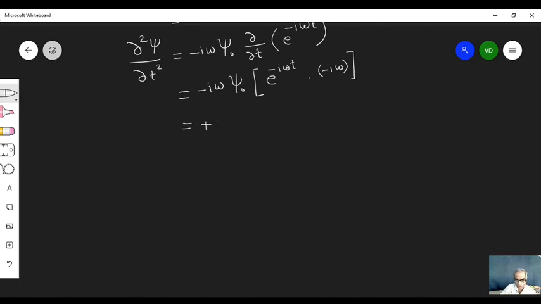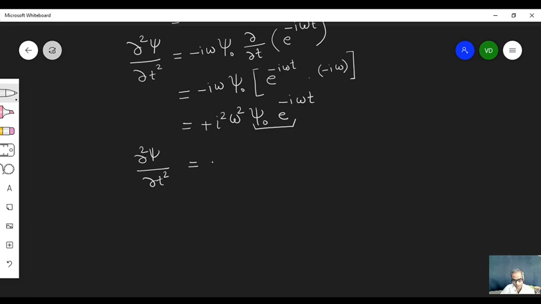So this is plus i square omega square psi 0 e to the power minus i omega t. Now we know that psi 0 e to the power minus i omega t is psi, and therefore del 2 psi by del t square is equal to i square omega square psi.